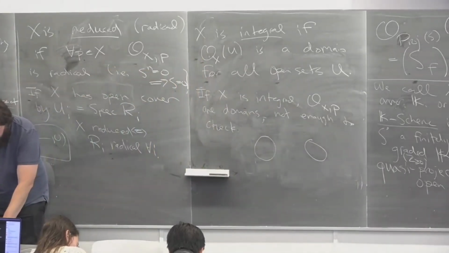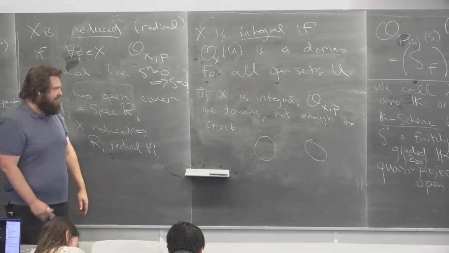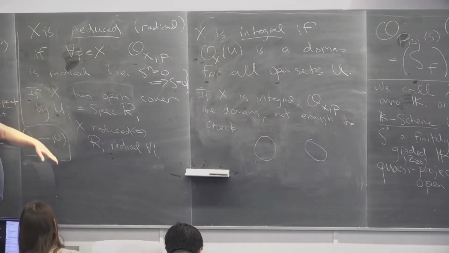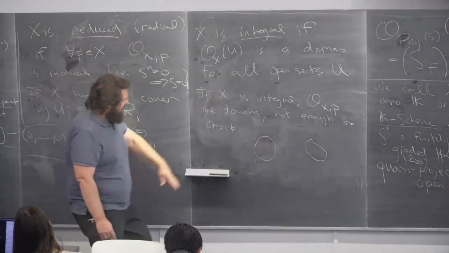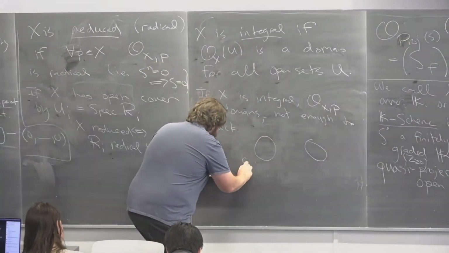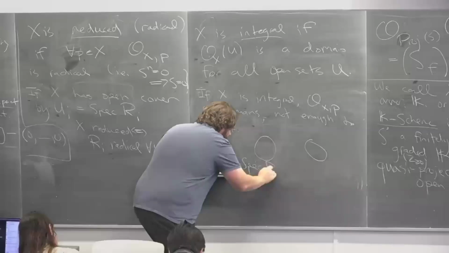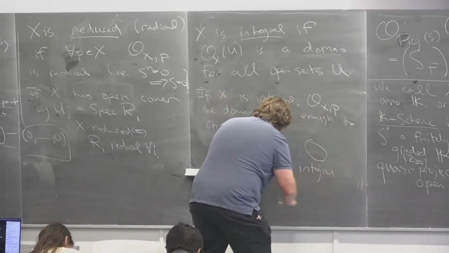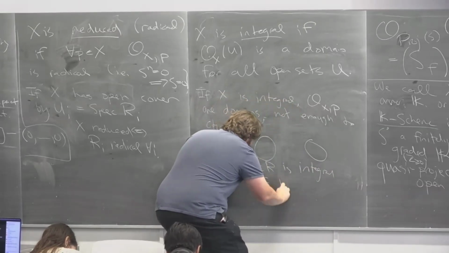And unfortunately, it's 11:20. So I need to stop, and we'll talk more about integral guys next time. So this is sort of the scheme version of being a radical ring. This is the scheme version of being a domain. Maybe I'll just say one important thing here: Spec R is integral if and only if R is a domain.